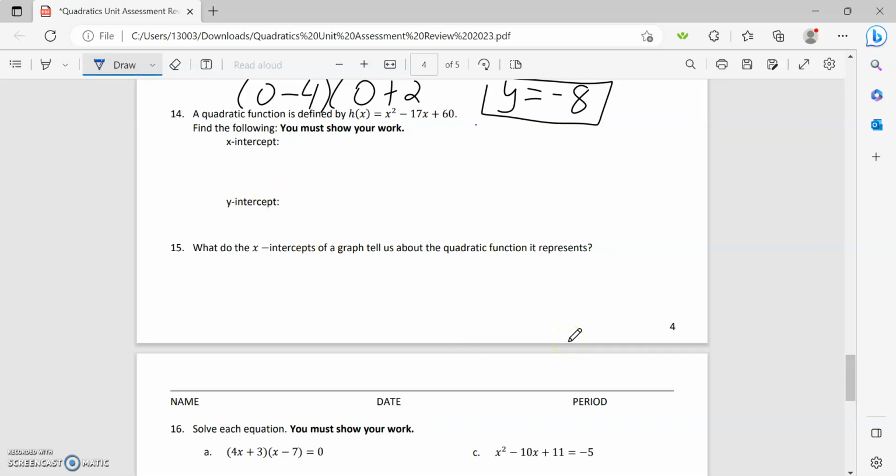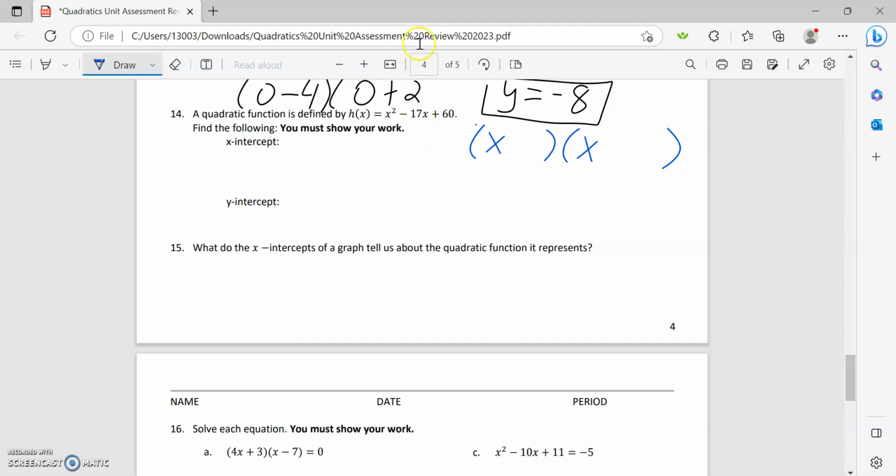Algebraically, what we're going to do is factor this thing out. So we have x squared, which means I have an x and an x. That's going to give me x squared. Then two terms that multiply to 60 and add to negative 17.